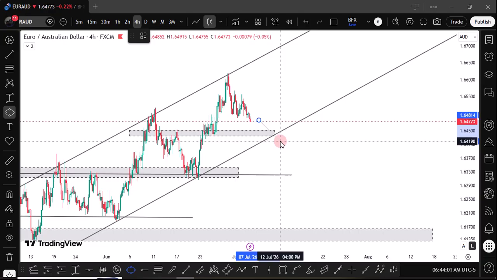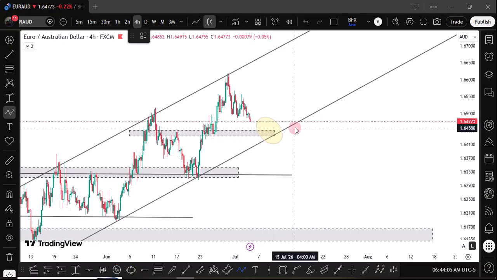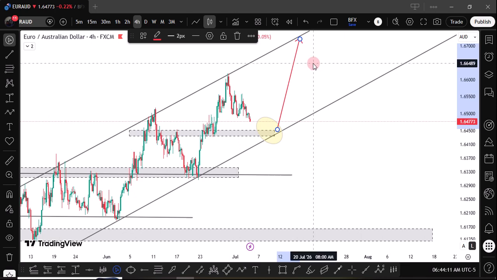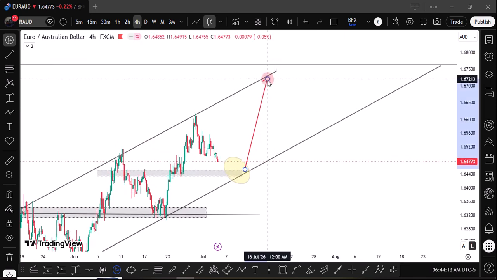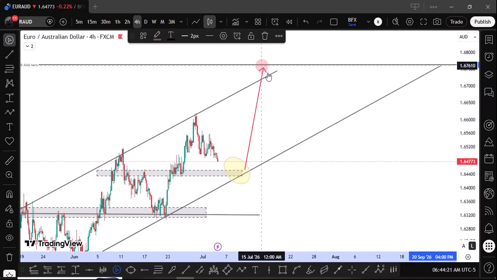Price will come to this area, so we can take this trade to the upside.